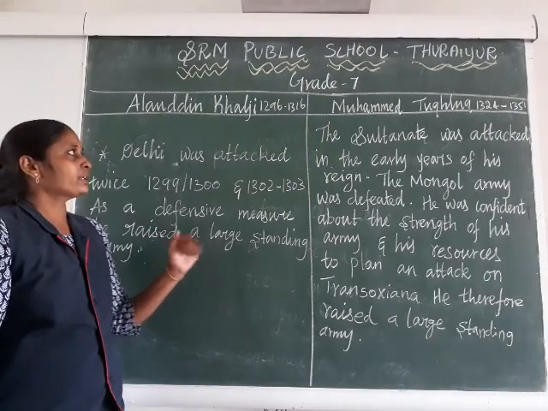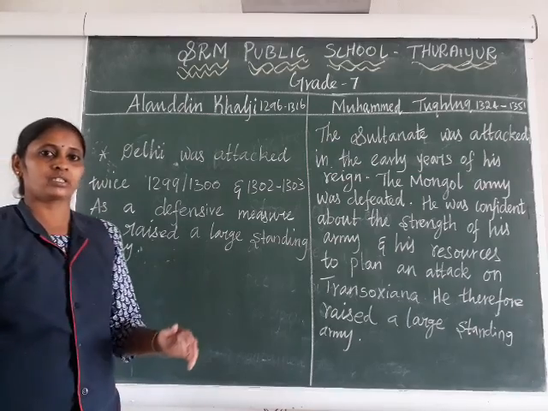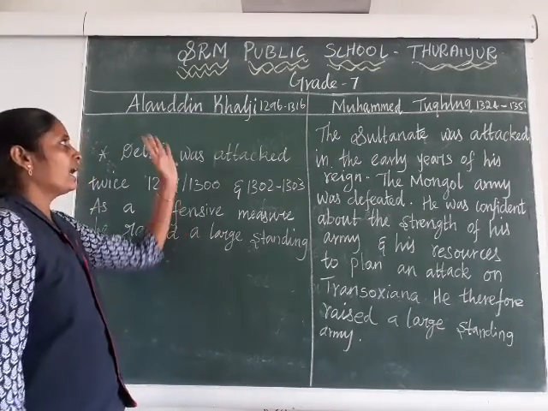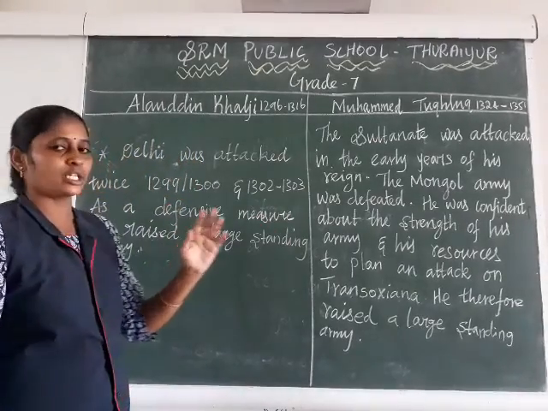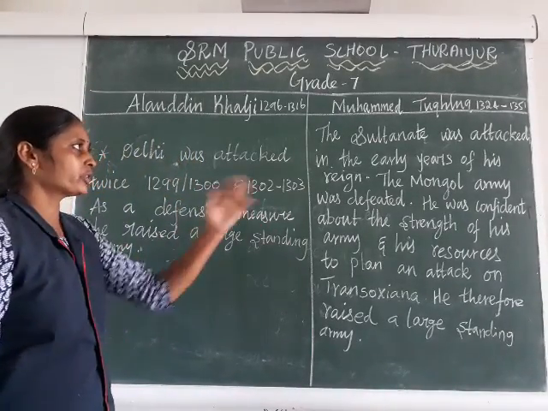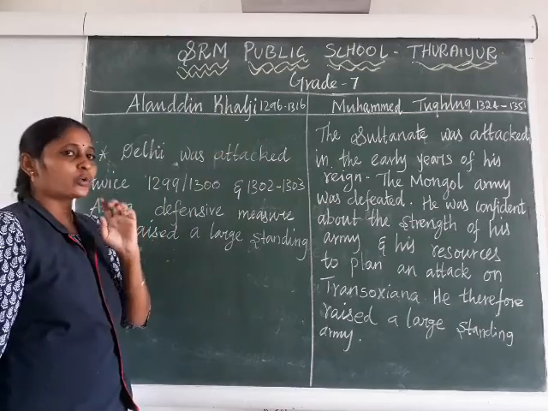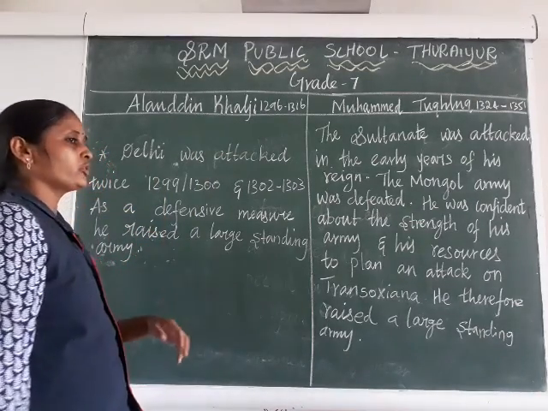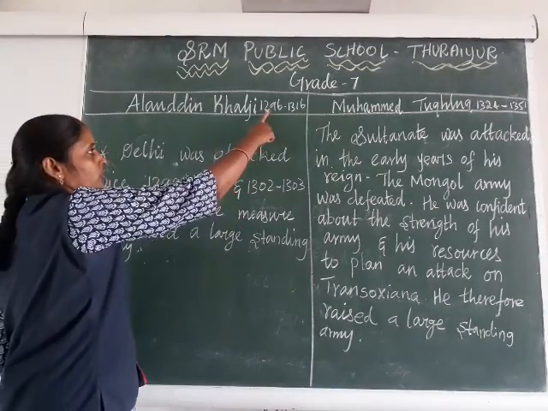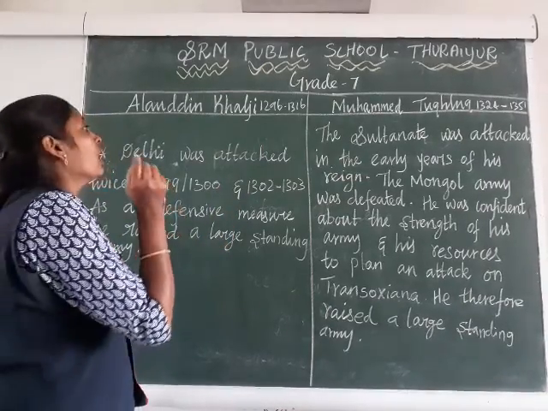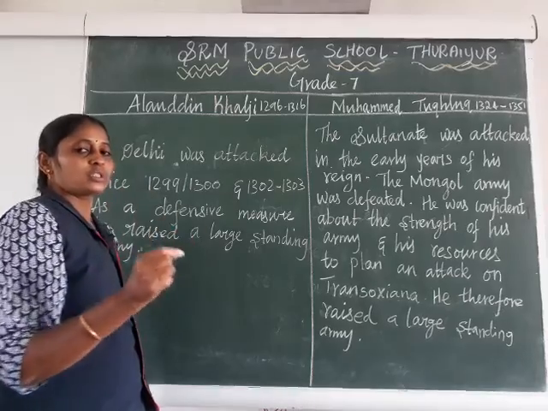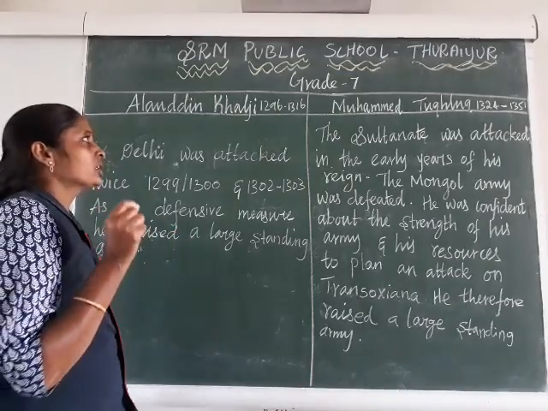Now we are going to discuss the administration method followed by Alauddin Khilji and Muhammad bin Tughlaq. Before moving on, what is the ruling time of Alauddin Khilji? Just remember the year 1296 he became king, and up to 1316 he ruled, around 20 years.